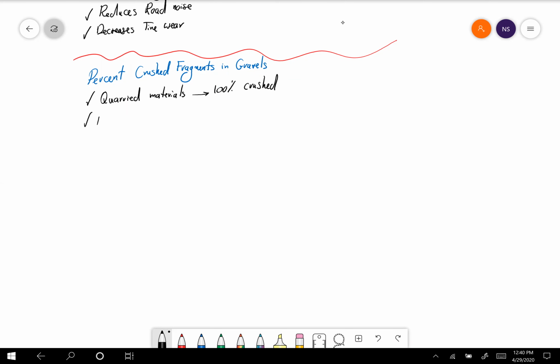So the minimum values depend on design traffic level and also the lift of layer, right?